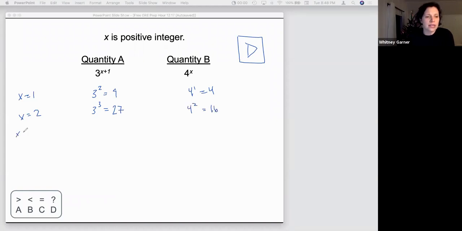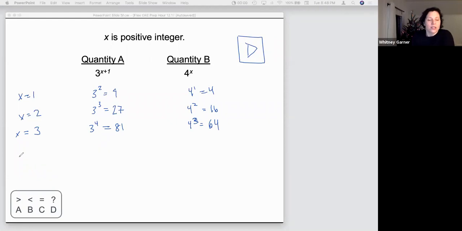And if I did X is 3, then I've got 3 to the 4th power is 81, and 4 cubed is 64. And it's like, oh, I've already tested 3. I don't want to go any further.